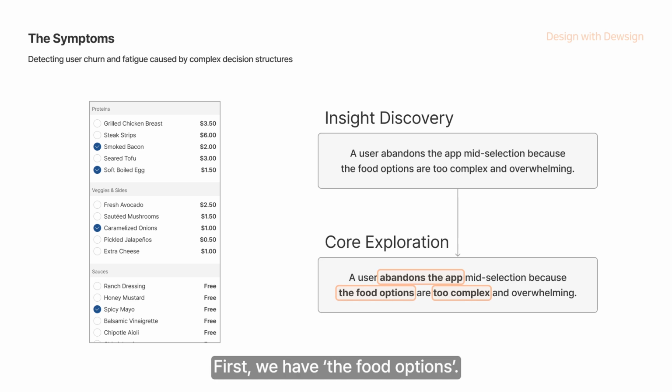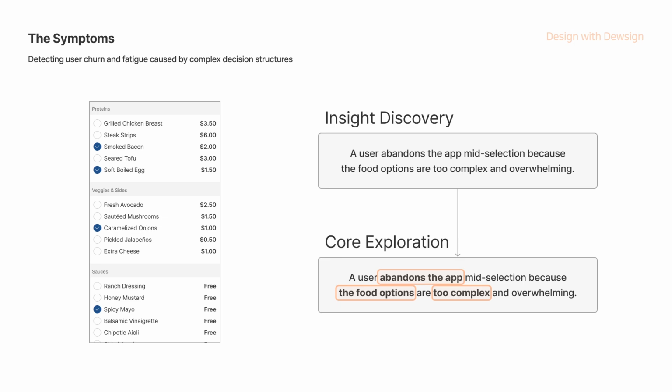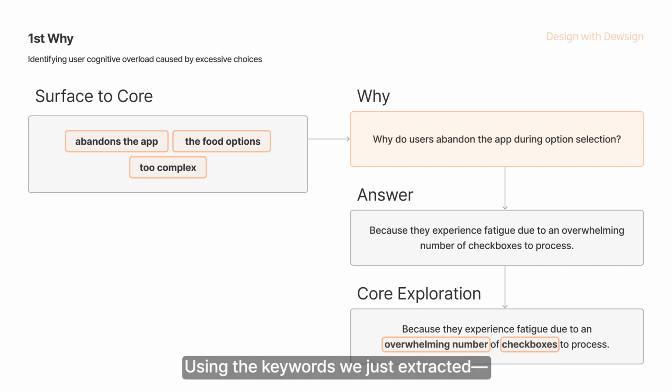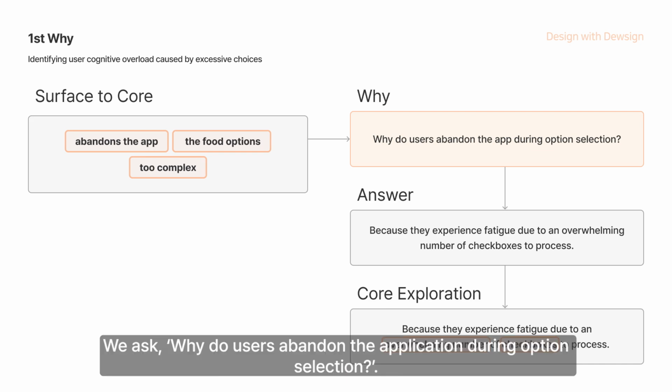First, we have the food options, then the user's feeling of it being too complex, and finally, the action of abandoning the app. These will be our key points to focus on. Using the keywords we just extracted, abandons the application, the food options, and too complex, let's create our first question. We ask, why do users abandon the application during option selection?